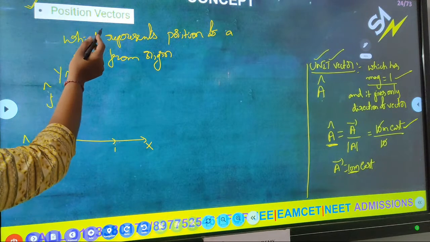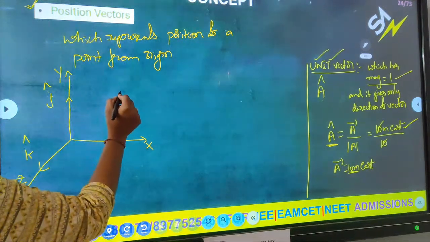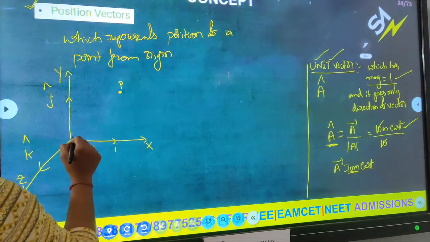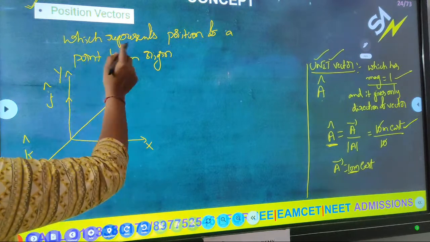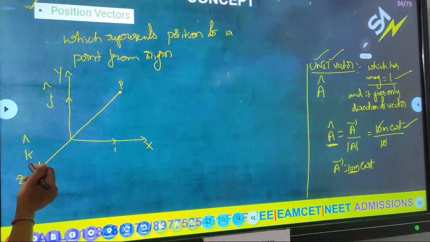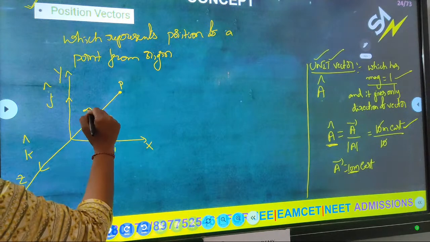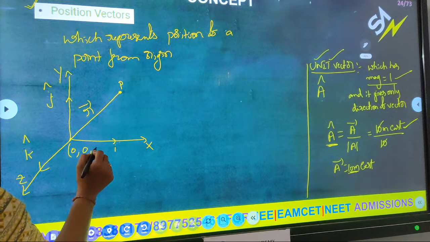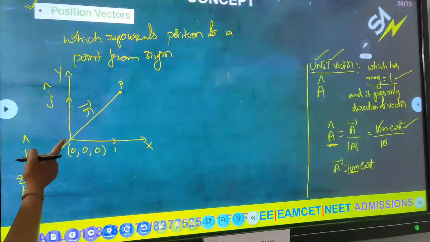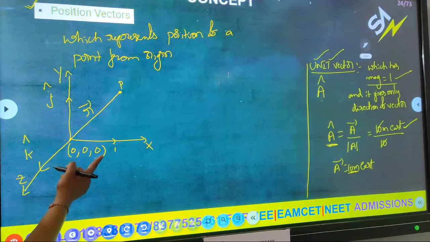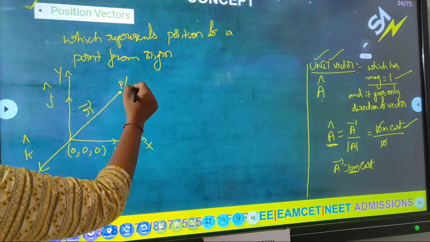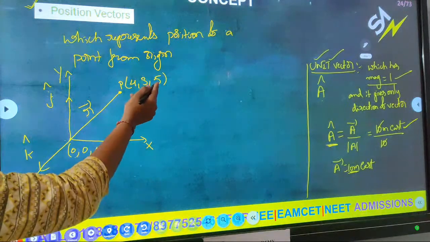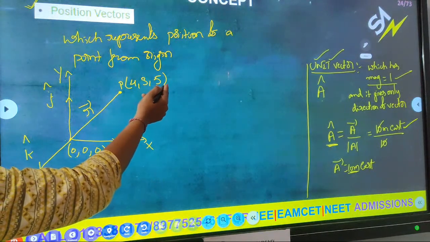And we are talking about the position vector of a particle, a particle which is at a point P from the origin, which represents the position of a point from the origin. At the origin, the x, y, z coordinates will be 0, 0, 0. And at this point, let us say the coordinates of this particle are 4, 3, 5.